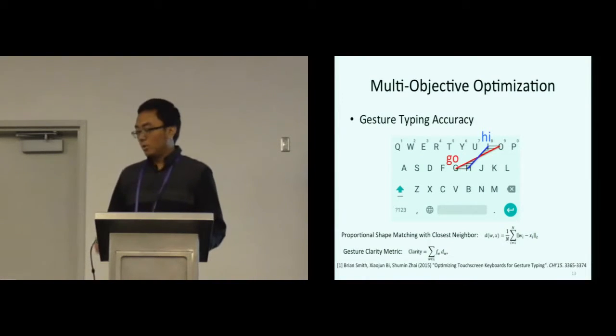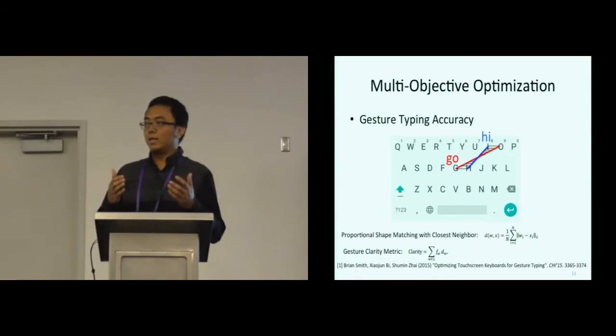And we optimize layout for gesture typing. The procedure was very similar to what I did in last year's CHI research project. We optimize the gesture typing layout for both accuracy and speed. For accuracy, we introduce the gesture clarity metric. It basically quantifies to what degree a given gesture on a given layout is separated from other gestures.